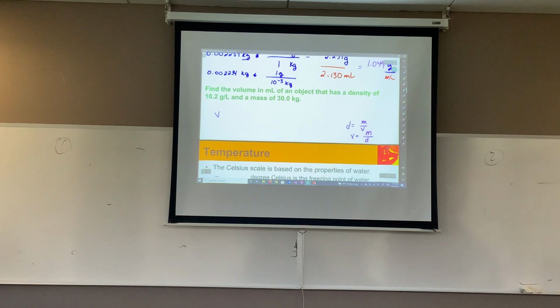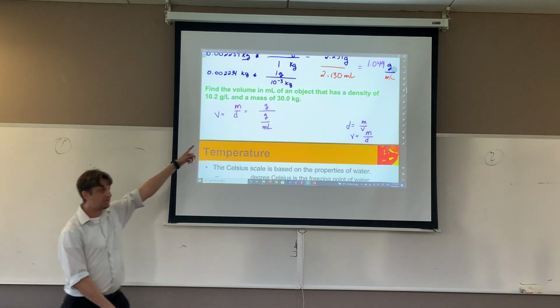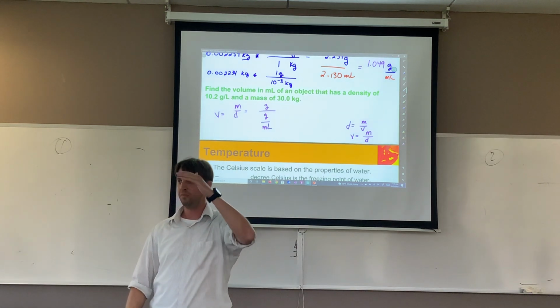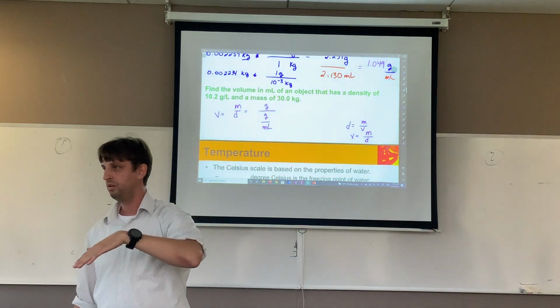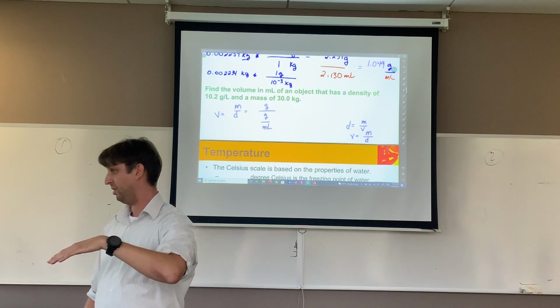So volume equals mass over density. I am right now in units of grams. We had 30,000 grams. What's my units of density that I had? Grams over milliliters. Everybody following along with this?